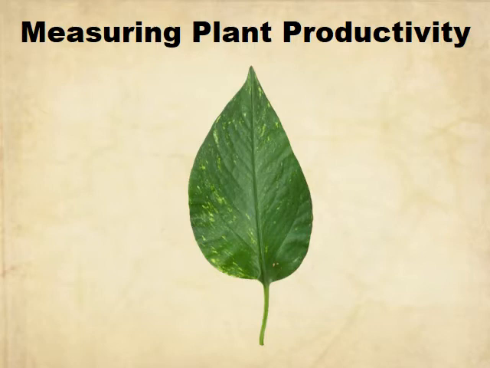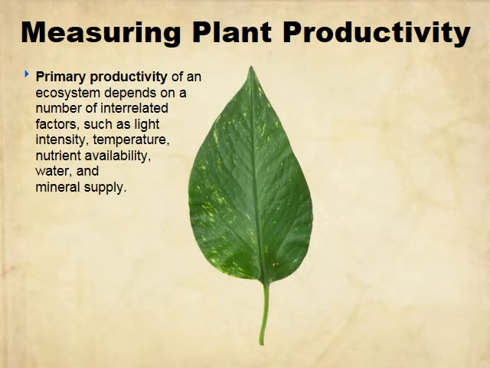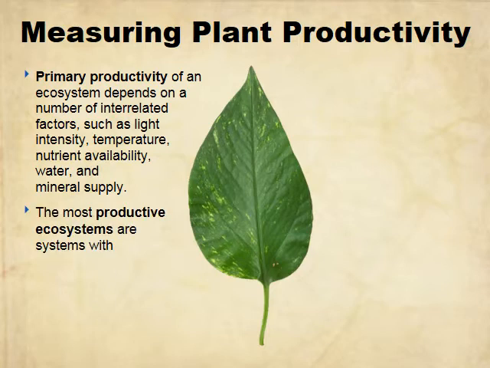So we can measure plant productivity a bunch of different ways. Light intensity, temperature, nutrient availability, water availability, and mineral and nutrient supply are all things that can make a plant grow faster or slower. So productivity is the amount of biomass, the amount of energy a plant can fix in it for transfer to the next trophic level.